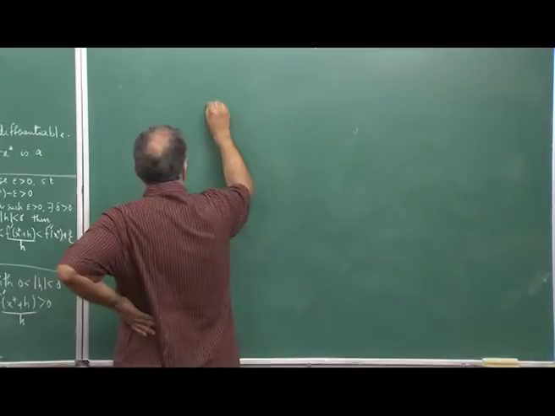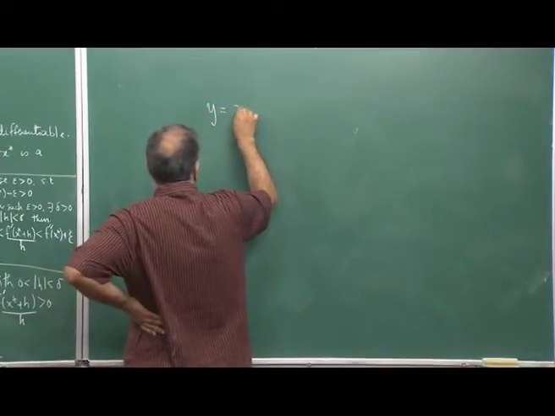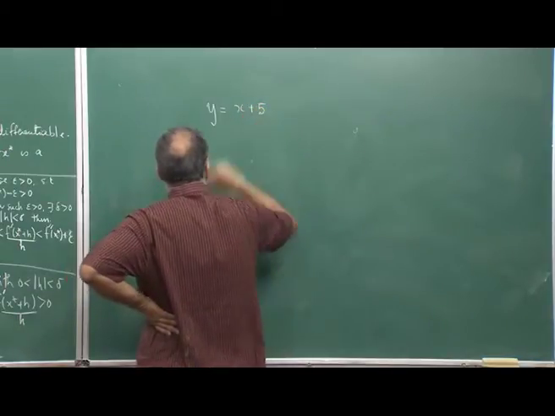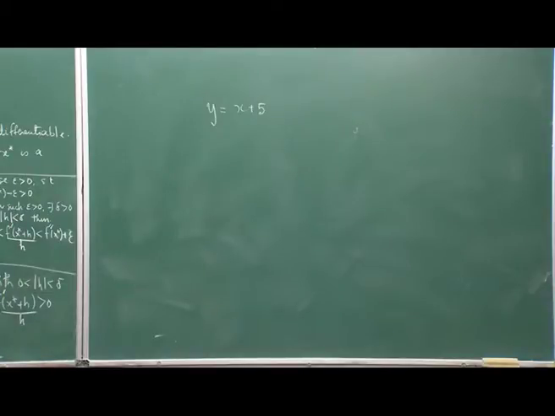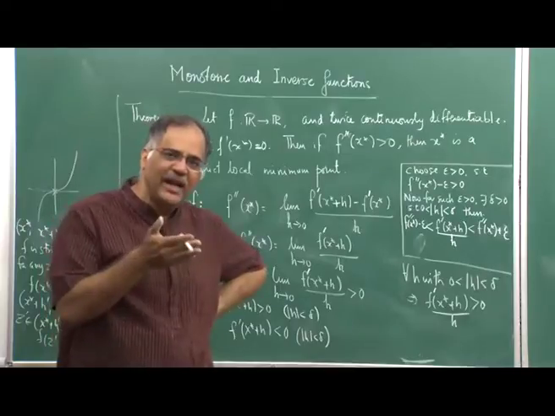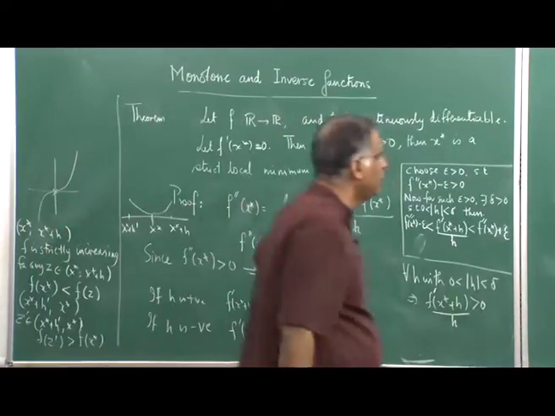For example, if I have y is equal to x plus 5, then to write the inverse function, here y is a function of x, and inverse function means I write x as a function of y.